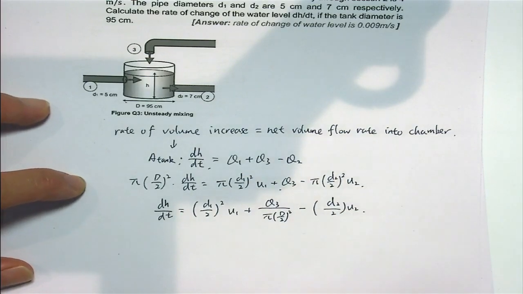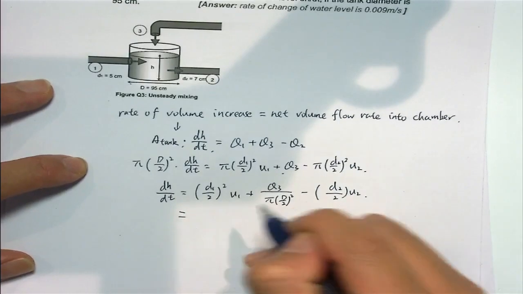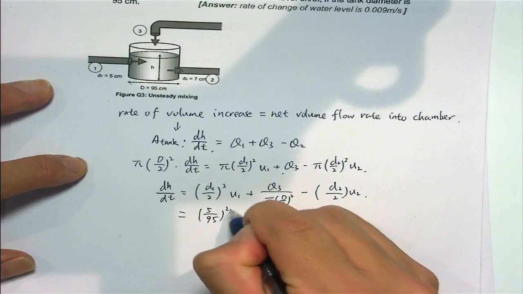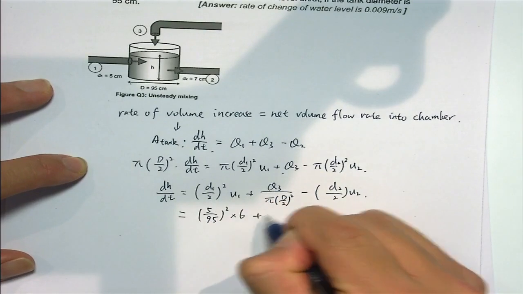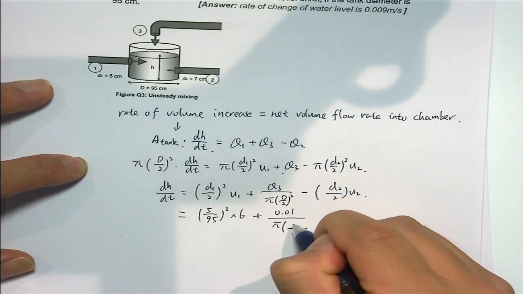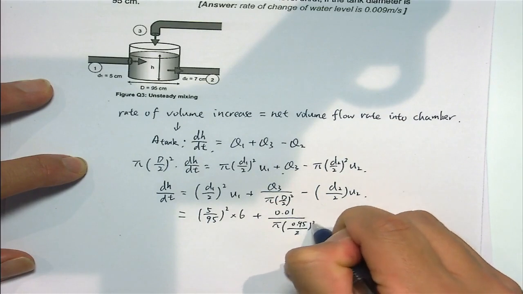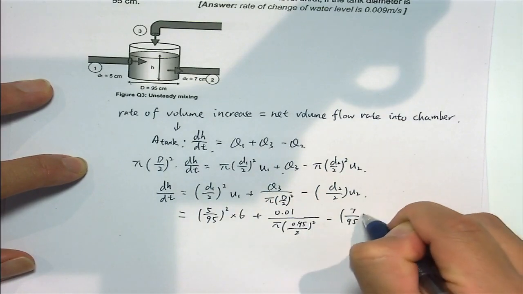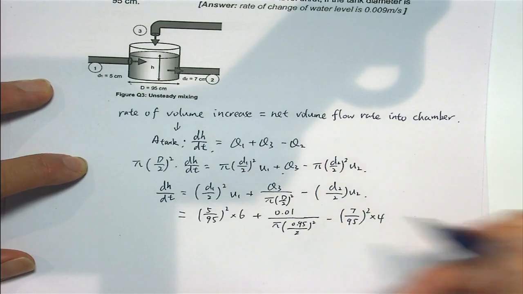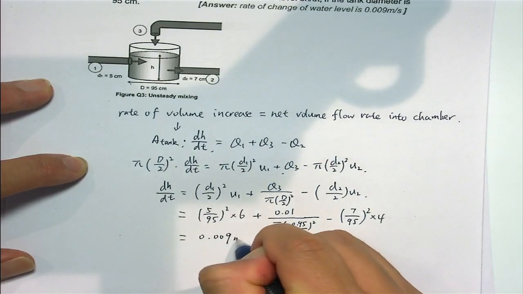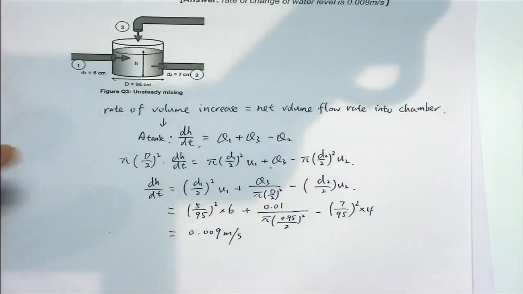And then we substitute all values in, which is 0.9 finally.